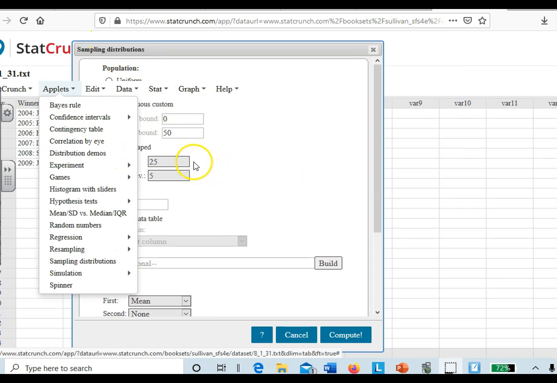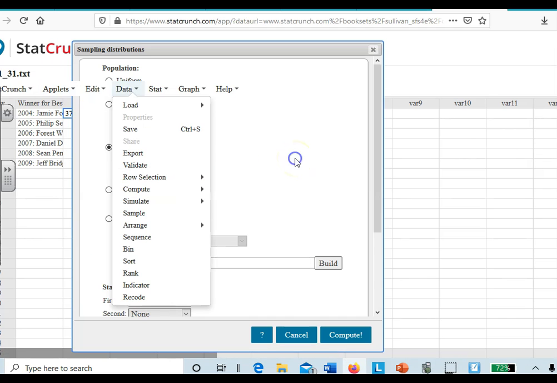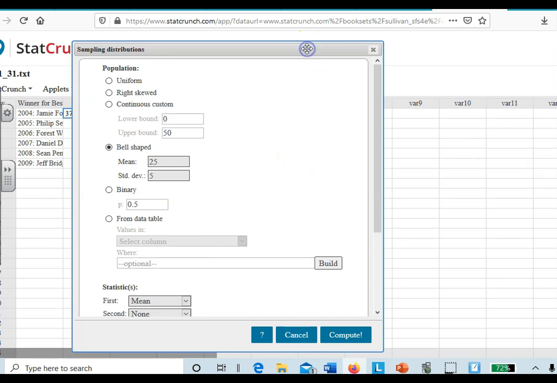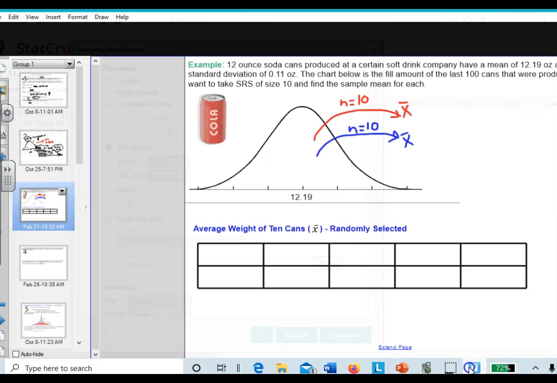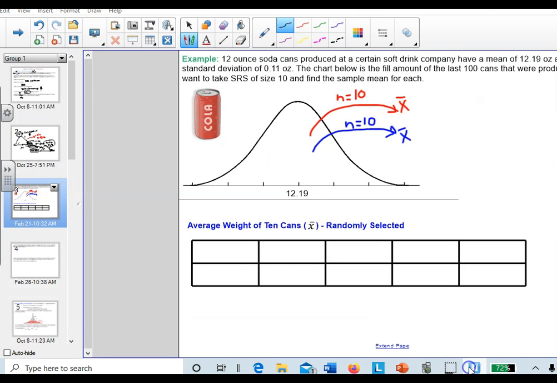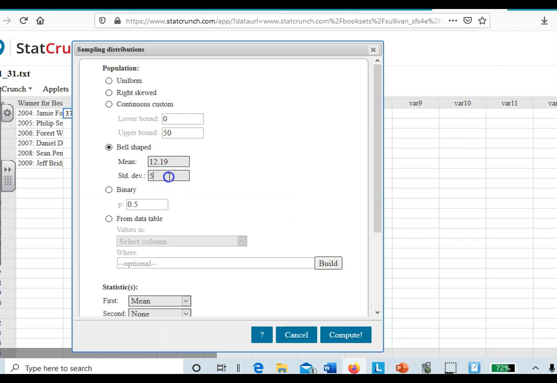Our distribution is going to be bell-shaped, and it said we had a mean of 12.19, and our standard deviation is 0.11.